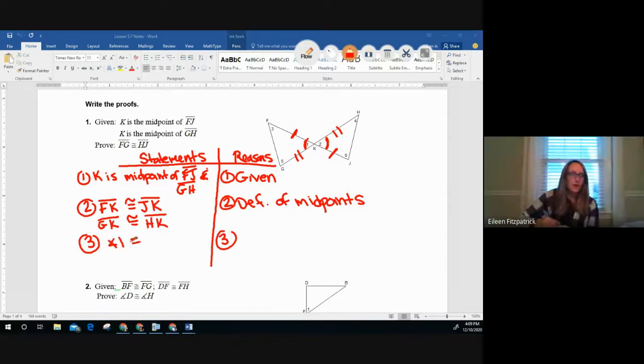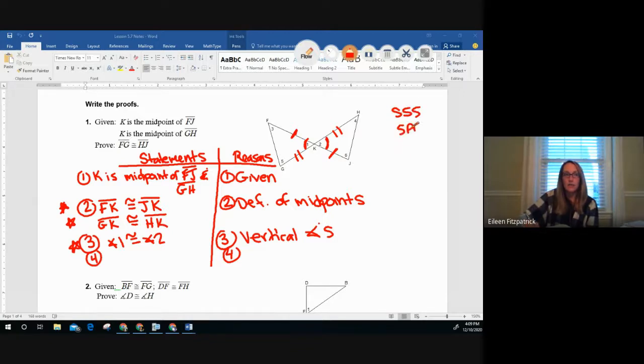Remember, once you have your 3 stars, your 3 congruency statements, you might have enough to say that the triangles are congruent. So let's look. Is this triangle congruent to this one? And we're going to be using as our justification either side-side-side, side-angle-side, HL, angle-side-angle, or angle-angle-side.